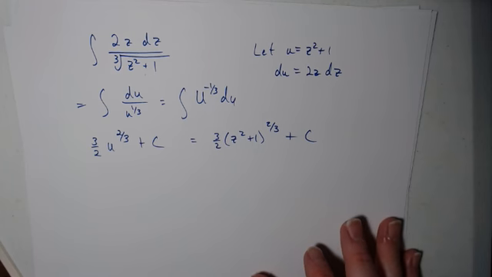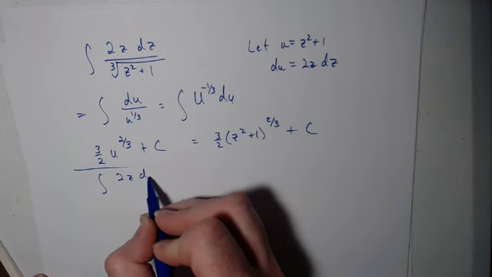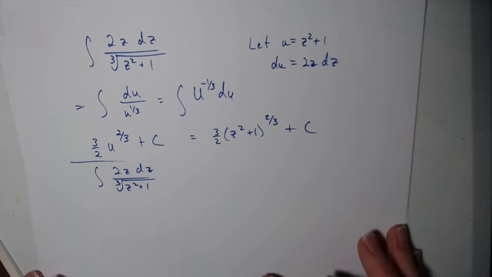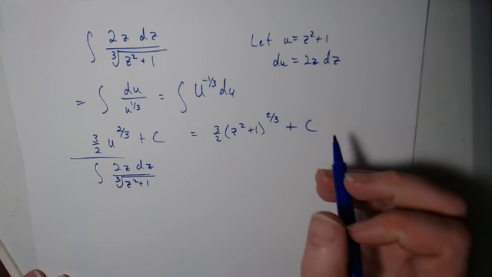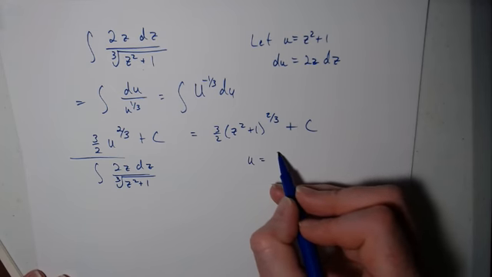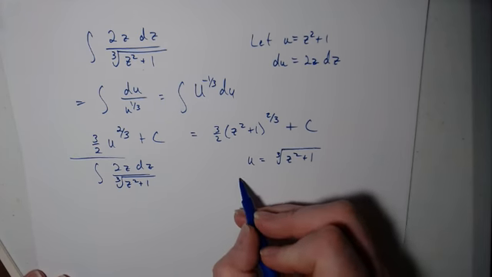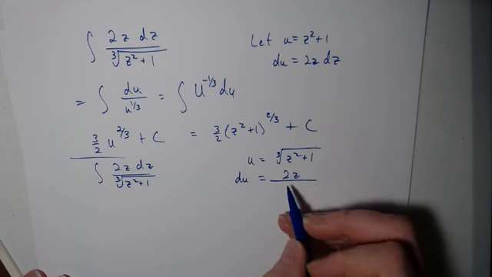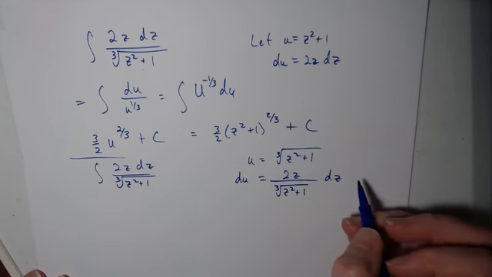Another way we could do this one is we're going to start with the same thing, 2z dz over the cube root of z squared plus 1. So if we let u equal the cube root of z squared plus 1, then du is equal to 2z over the cube root of z squared plus 1 dz.